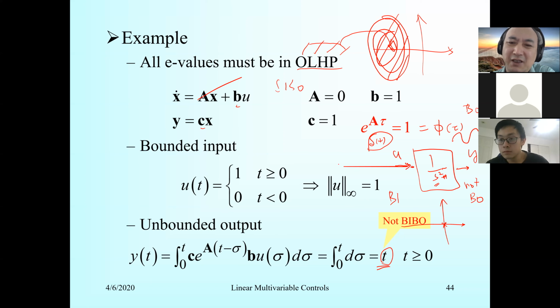So we should not say that; we should say I gave you a sinusoid, okay? So this is a BI. You're going through another one like this, so you are going to have an output. Your output y t will be the inverse Laplace transform of s squared plus 1 squared.